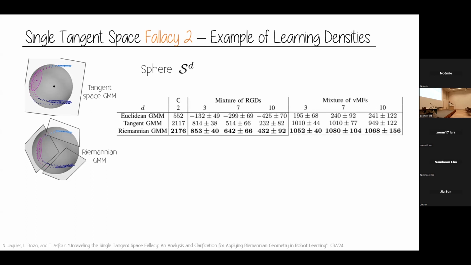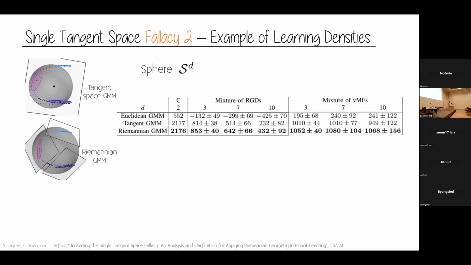The idea was to show how inaccurate the other approaches might become when we increase the dimensionality for this example. As you can see here at the bottom, we are reporting the log likelihood for new samples that we have for the density. And as you can see, the difference in the log likelihood is dramatically different as we increase the dimensionality of the manifold.